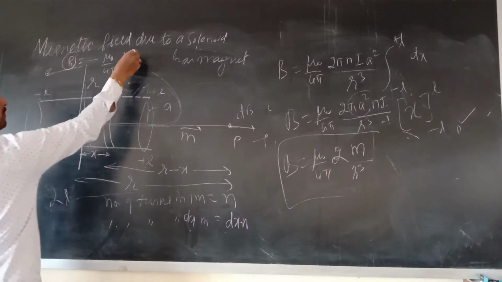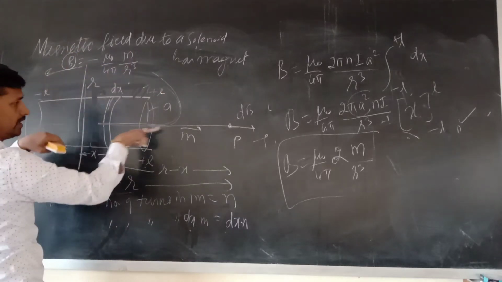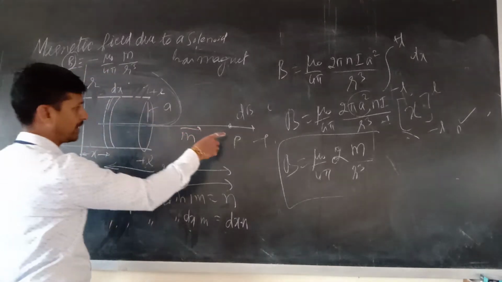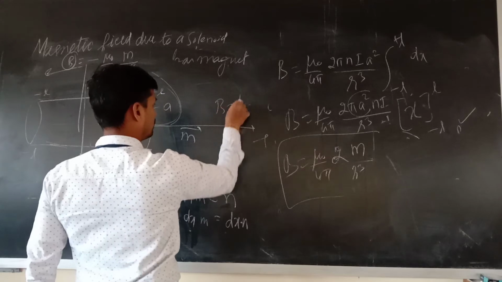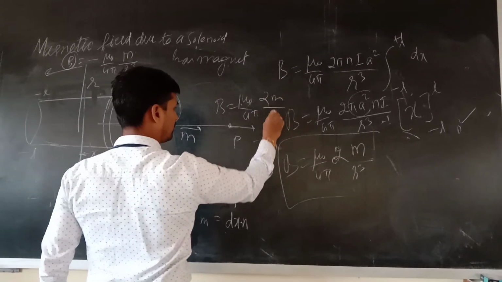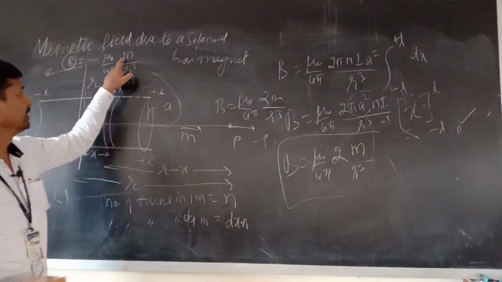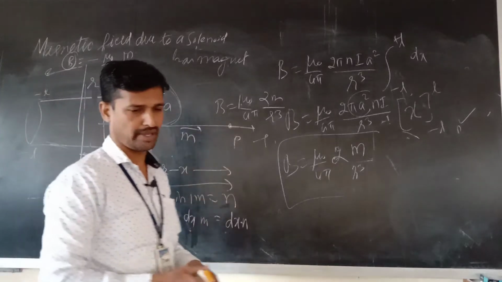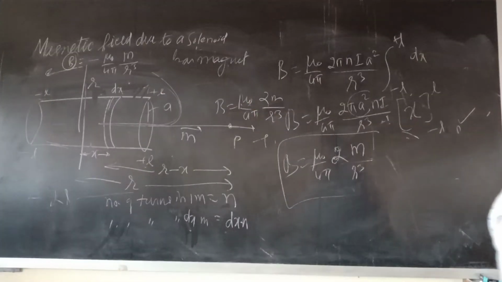B and m are opposite, therefore the negative sign prevails. Here the magnetic field is mu naught upon 4 pi 2m upon r cube, here only m upon r cube but with a negative sign. So this is the expression for the magnetic field due to the solenoid.